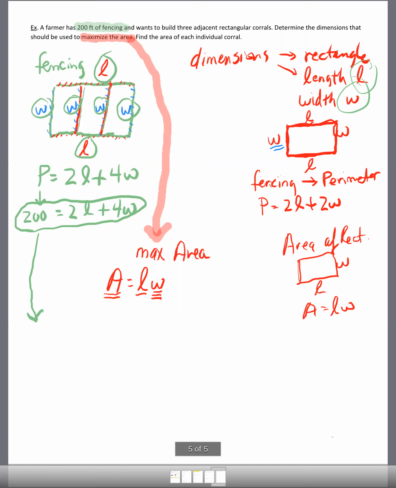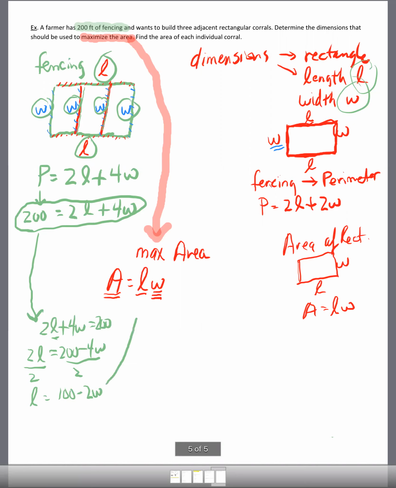So let's say that I take this equation, I'm going to turn it around, and I'm going to solve for L. So that means that 2L would have to be 200 minus 4W. Dividing both sides by 2, I find out that the length can be written as 100 minus 2 times W. What I'm setting myself up to do then is to make a substitution.